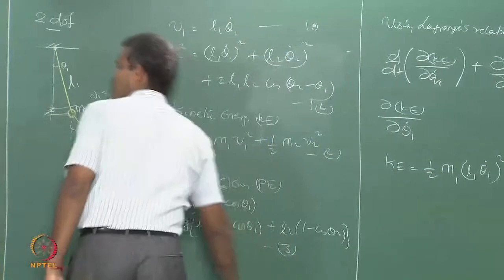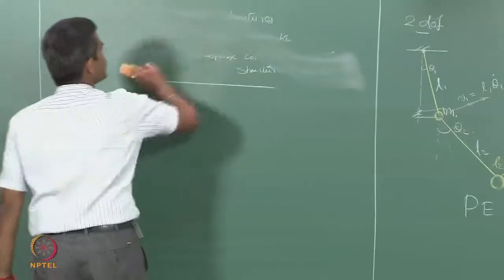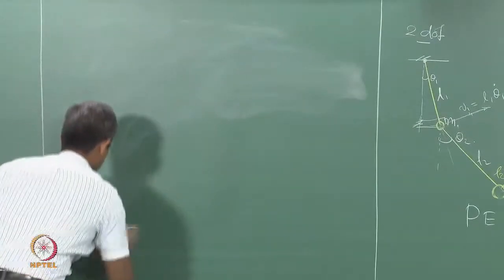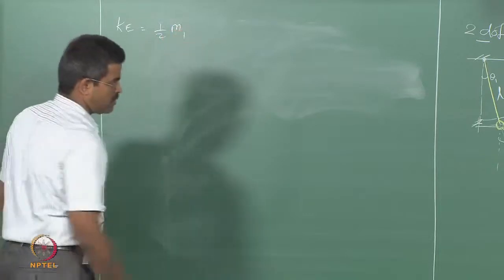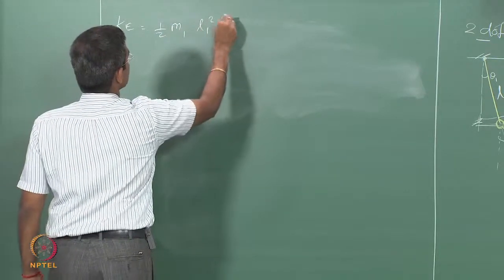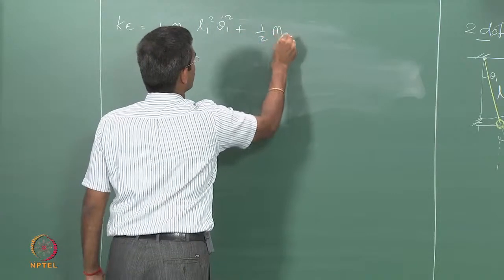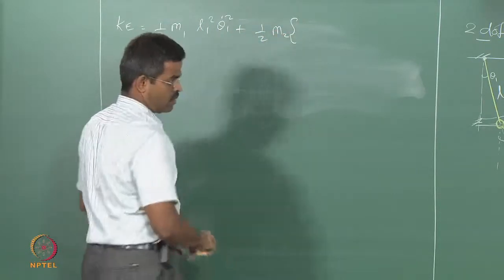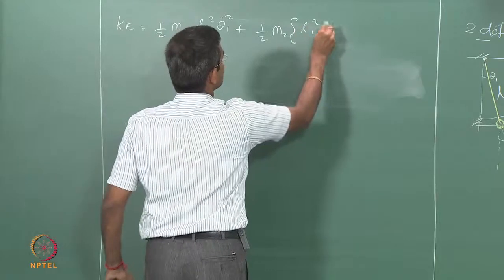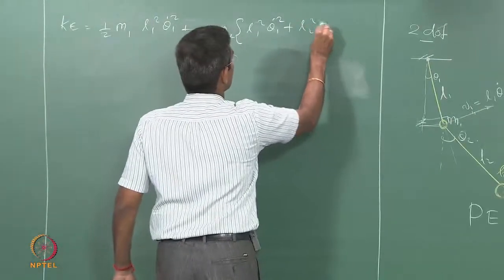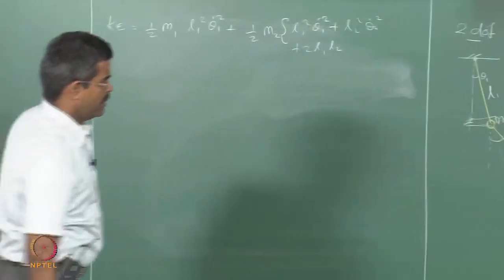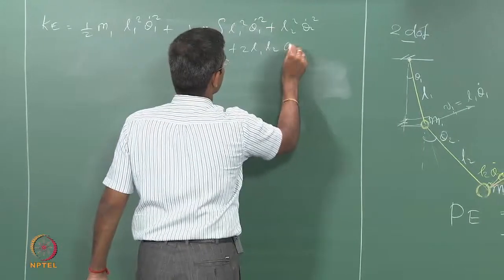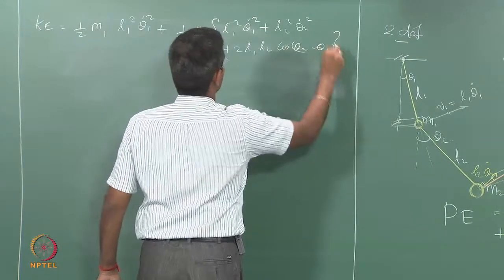So, let us expand this. Let the kinetic energy be expanded as half m1 L1 square theta 1 dot square, plus half m2 into L1 square theta 1 dot square plus L2 square theta 2 dot square plus 2 L1 L2 theta 1 dot theta 2 dot cos of theta 2 minus theta 1.